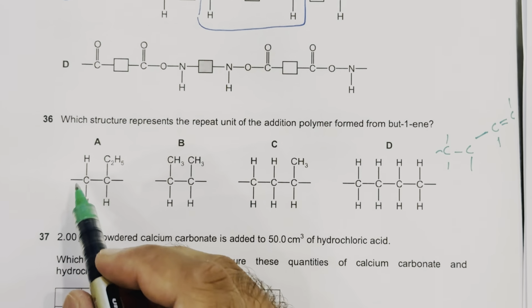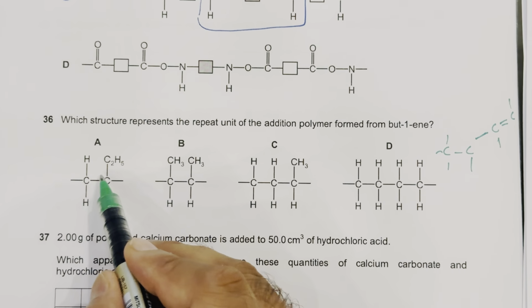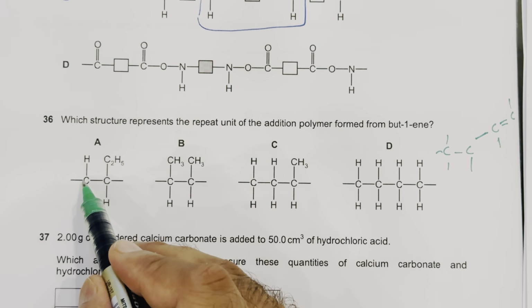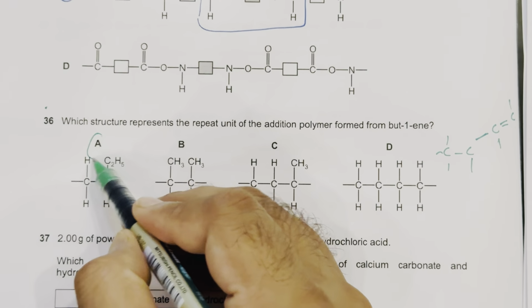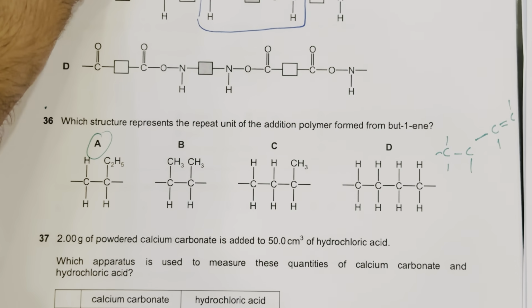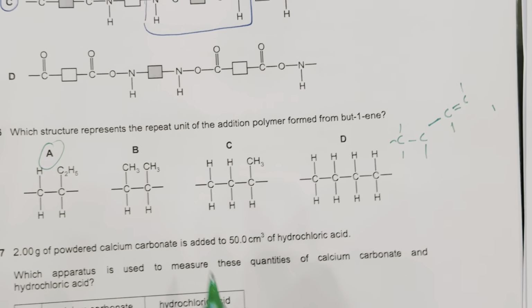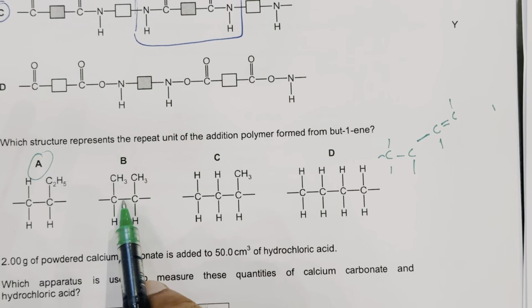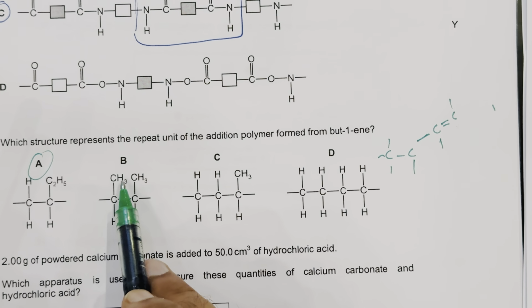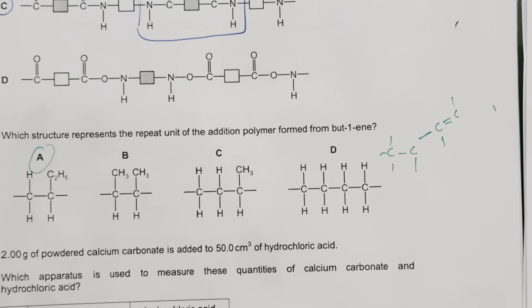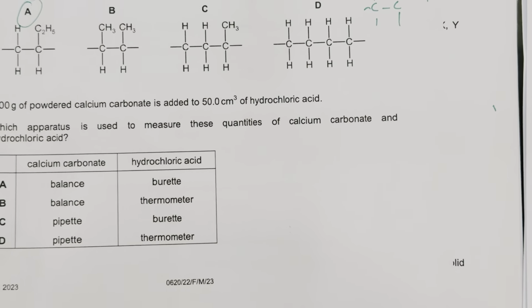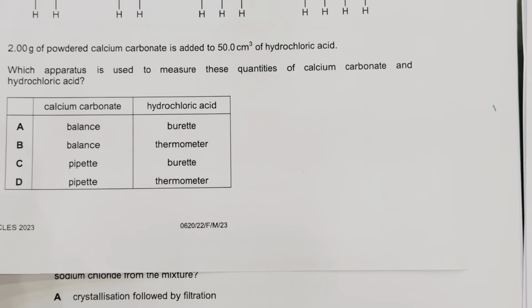Or you can also see that when this bond is made over here, we're going to attach a double bond over here, and this bond is broken, and this bond over here would also make a double bond. So option number A is the correct option over here. And this is the wrong option, because if we attach a double bond over here and a double bond over here, this carbon would have more than the required number of bonds. So this is the wrong option.